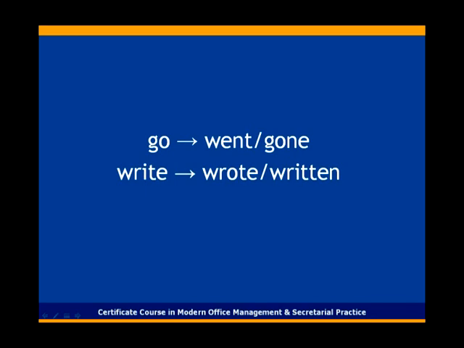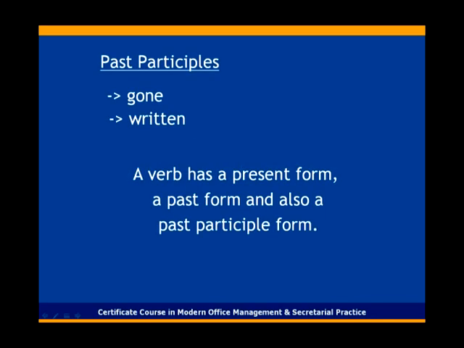So, what definition can we give to the words gone and written? Such words are called past participles, which is another form of the verb. Thus, we can say a verb has a present form, a past form, and also a past participle form.